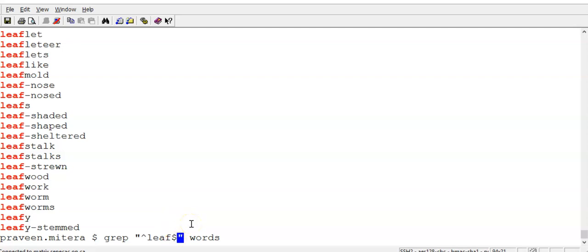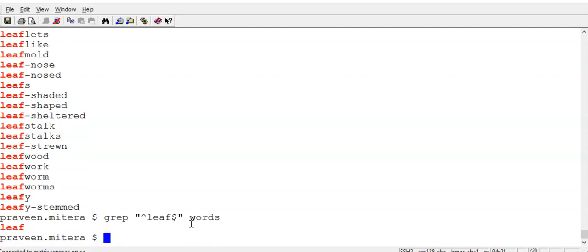So the only word that should be on that line is leaf. So only one line qualifies now, because in every other case, either there's stuff after leaf or there's stuff before. But if you only look for a specific thing and that's all you want on the line, anchoring it at the front and anchoring it at the end will help you there.